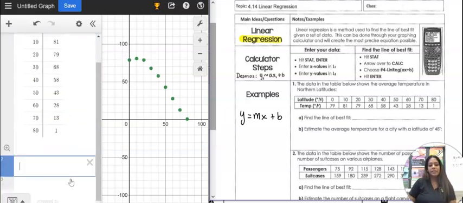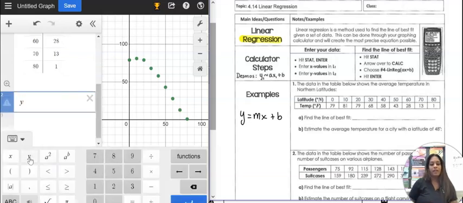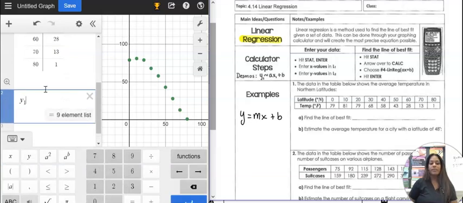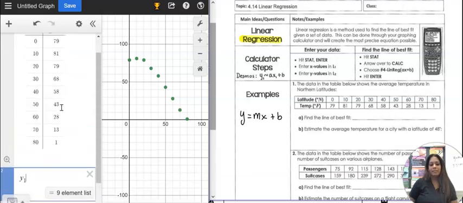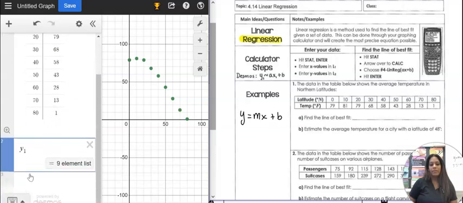So the next thing you're going to do is you're going to type in your linear regression form in Desmos. Now this is where students probably make a lot of mistakes, so just watch how I do it. You're going to go ahead and type y1, and there you go. Desmos is going to read these numbers, and then we're going to ask it to build a regression.